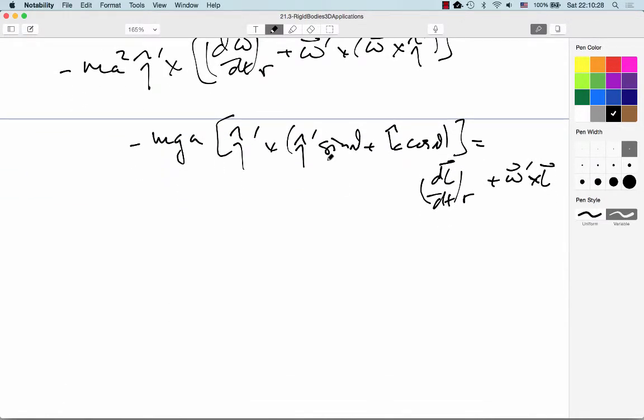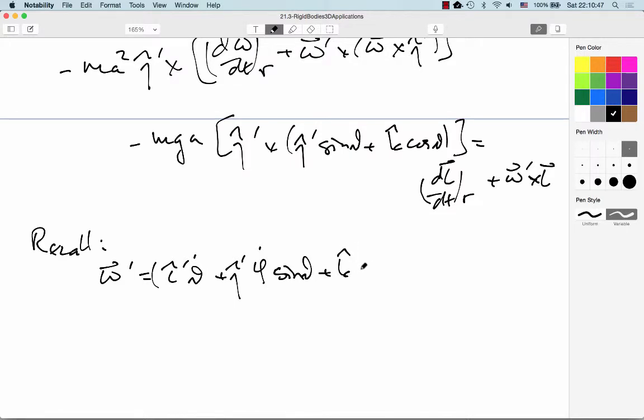So, plugging in from what we've found from before, remember that we've found that omega prime is equal to i prime theta dot plus j prime phi dot sine theta plus k prime phi dot cos theta.